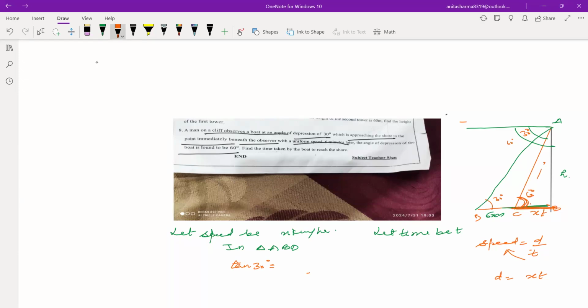H. Yes, beta. So you will write h upon xt, right? Yes, ma'am. So in the same way, you will apply this in triangle ABC. Fine.